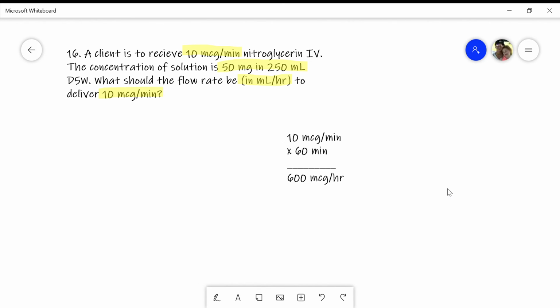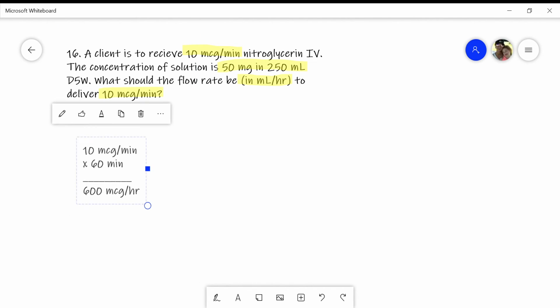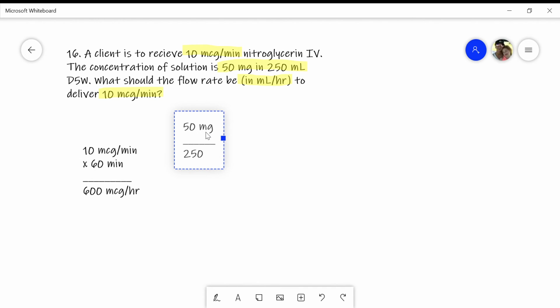Let's see. And then we're going to go ahead and convert and put that over here. And we're going to convert our 50 milligrams in 250 milliliters, find out our base rate, which is going to give us 0.2 milligrams per milliliter.